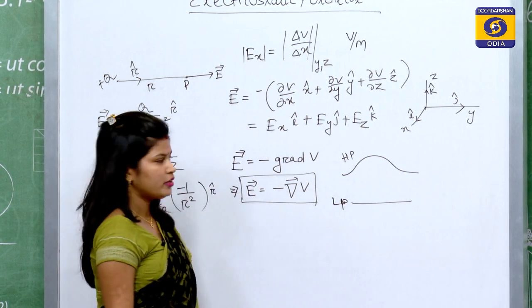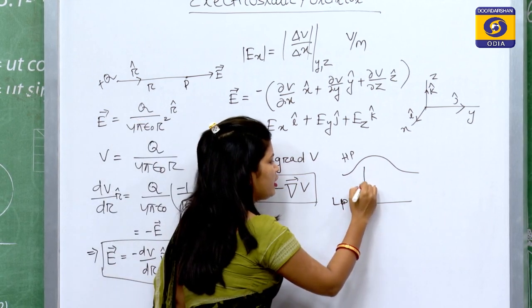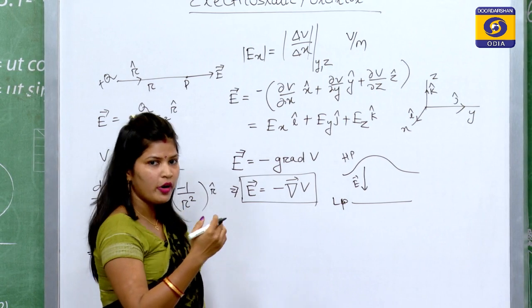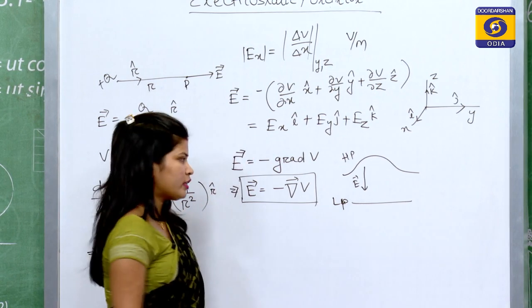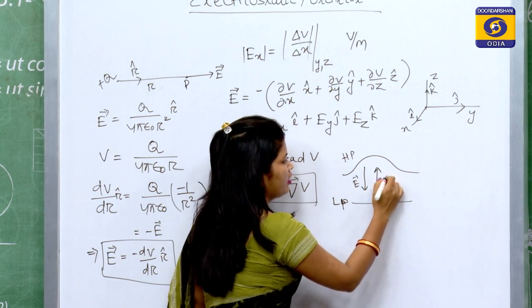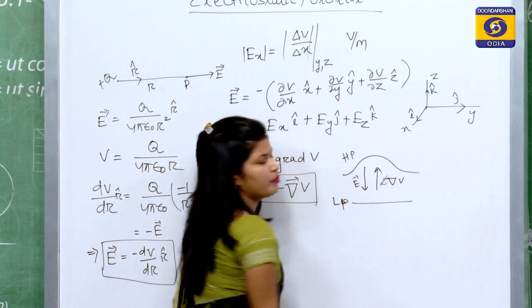Then the electric field will go from higher potential to lower potential, and the gradient points in the direction of maximum increase. So, that is the direction of gradient of V.